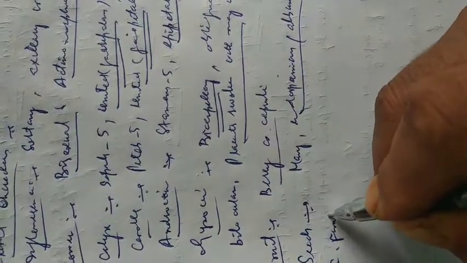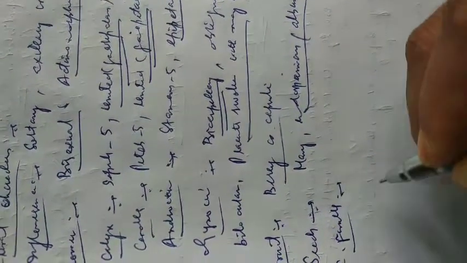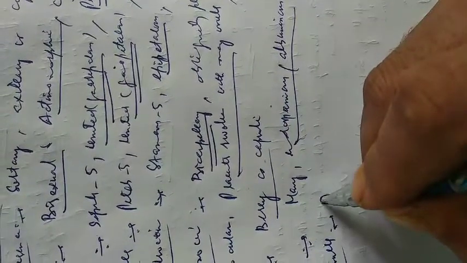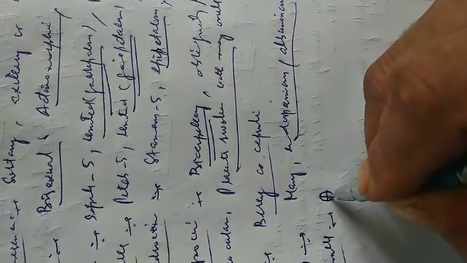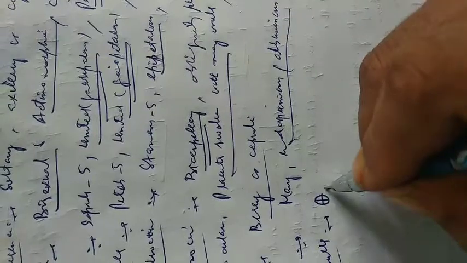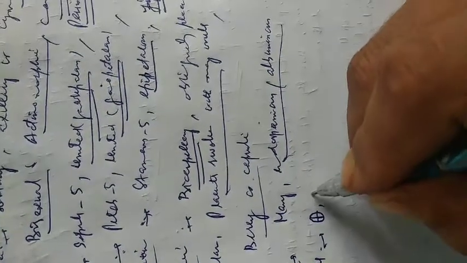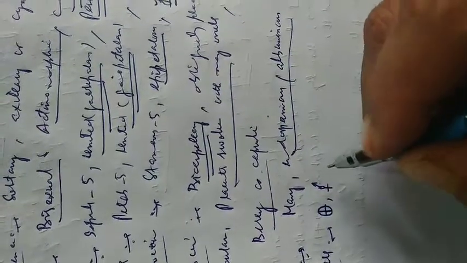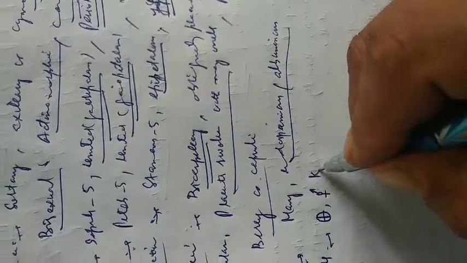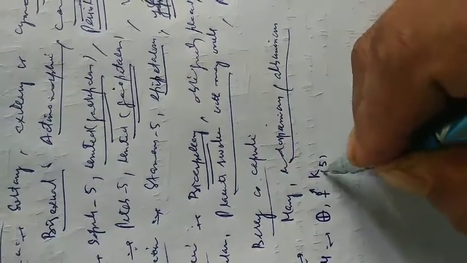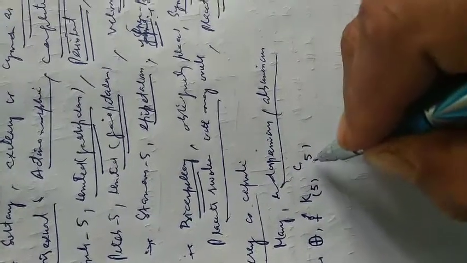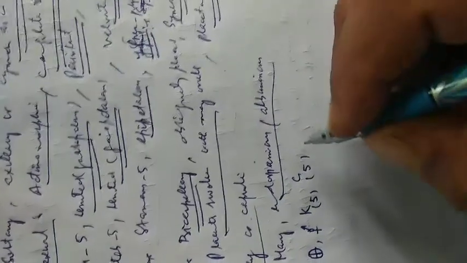Now the floral formula. We will first write down the symmetry, that is actinomorphic, then bisexual. Now calyx contains 5 sepals which are fused. Corolla, 5 which are fused.